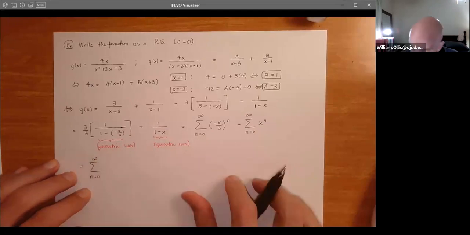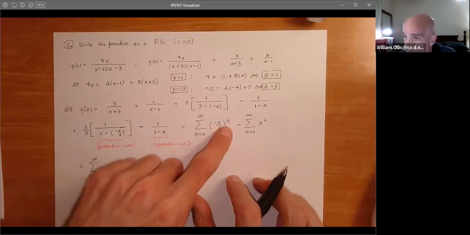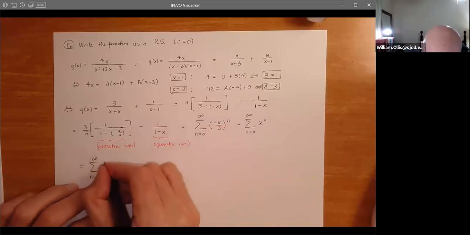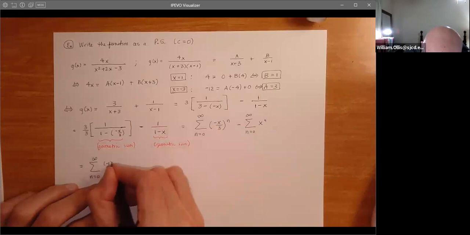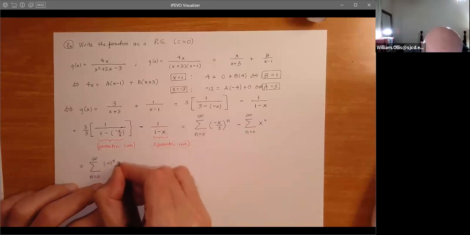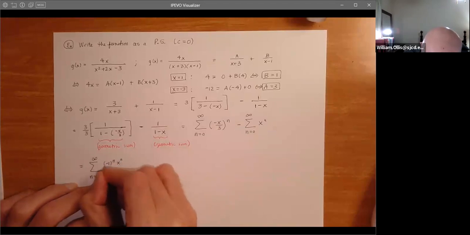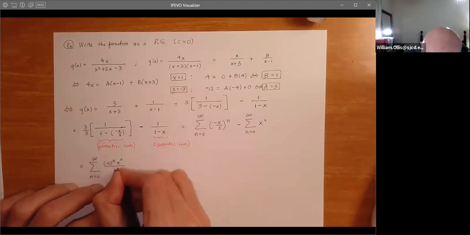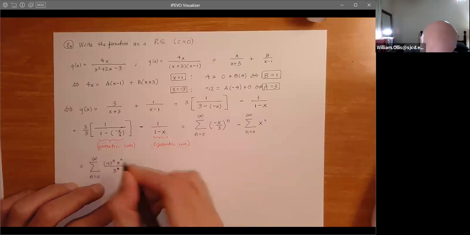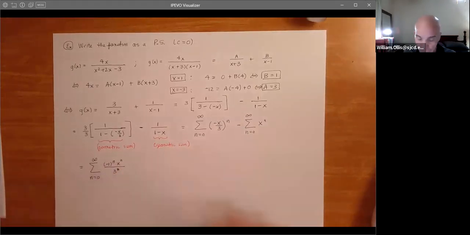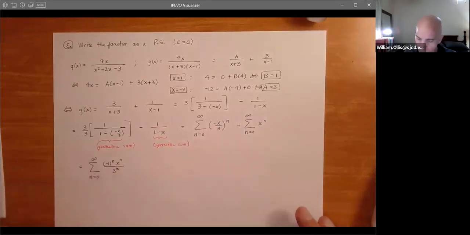So now, of course, notice we have a negative 1 here, which will give us alternating. So you can go ahead and pull that out, negative 1 to the n. And then, of course, we have x to the n. And if you like, you can just put 3 to the n downstairs using the laws of exponents. So now you're thinking, wow, look at this.